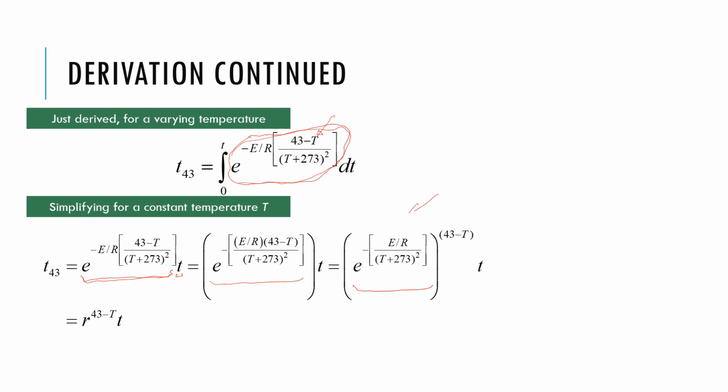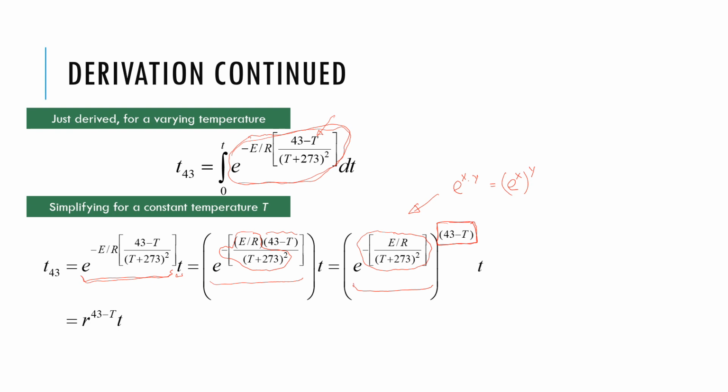So when I'm writing it this way with 43 minus T as an exponent, I'm sort of doing this: E raised to x times y is the same as E raised to x, raised to the power y. So I kept the first part, and the other part I put as an exponent.